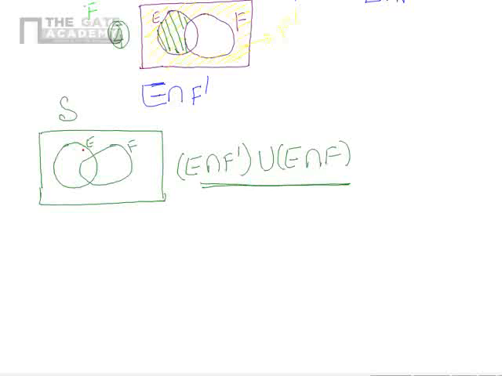Now you see, one miracle is going to happen. What is E intersection F complement? This part, correct? We got it here, right? E intersection F complement is everything here. Then what is E intersection F? E intersection F was here.